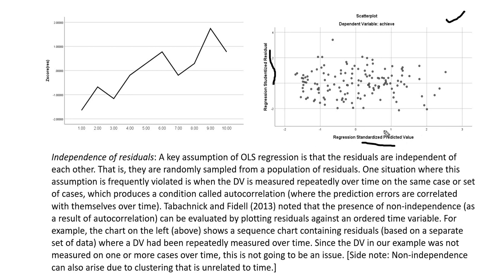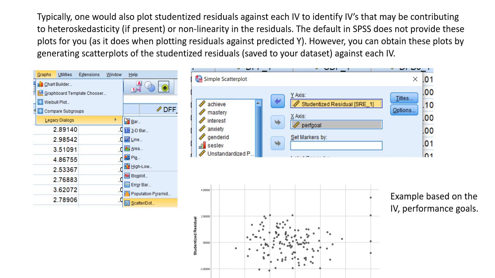But it's also worthwhile to plot the studentized residuals against each of the individual predictors, because it may just be one predictor or maybe a couple of predictors that might be producing any kind of heteroscedasticity. So since we've saved the studentized residuals to our SPSS file, we can use the scatterplot function to plot the studentized residuals against the individual predictors.